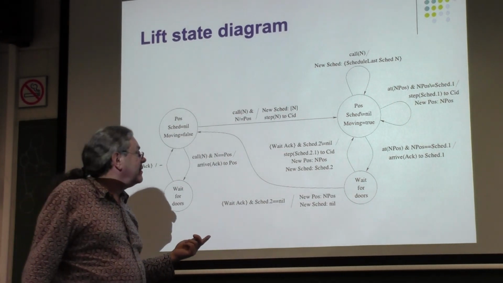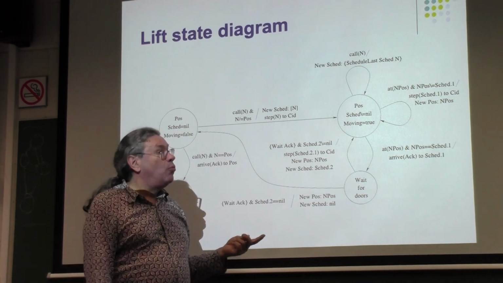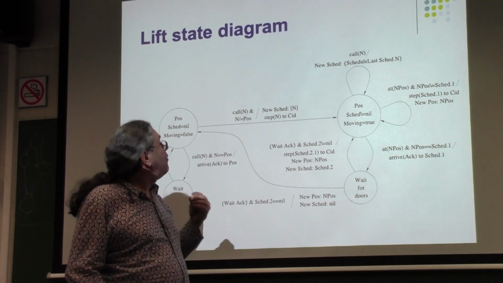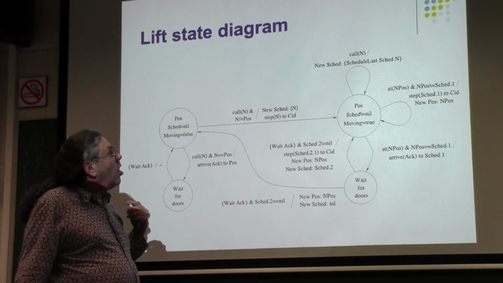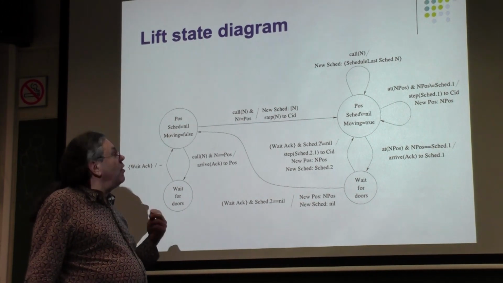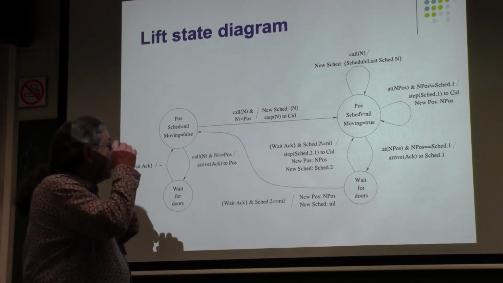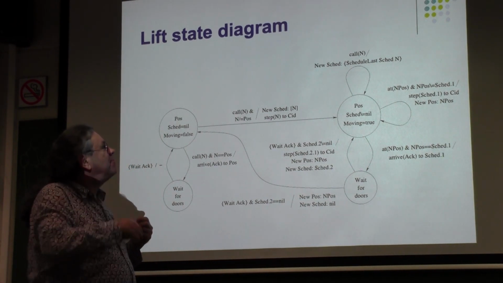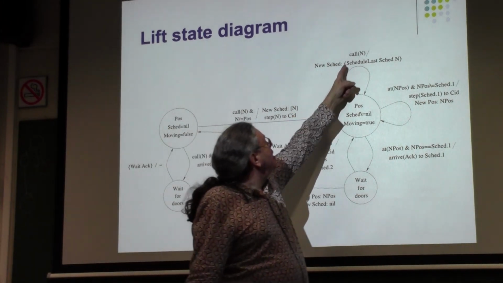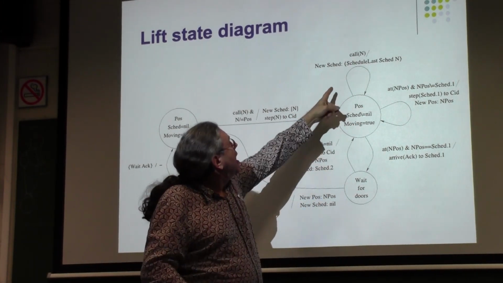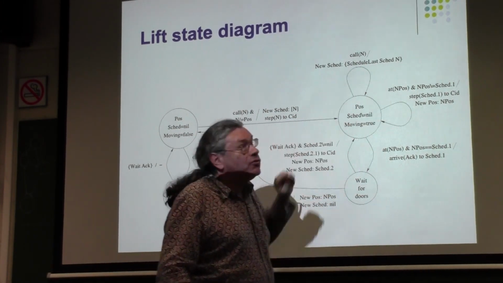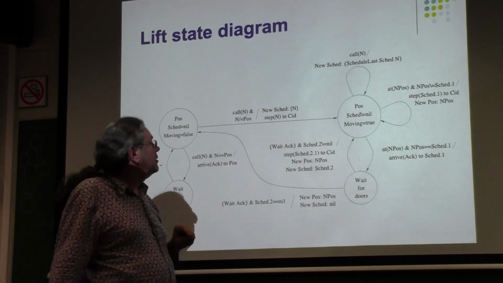See how that's working? And the way to make it work is you have to follow the principle. We have to follow all the protocols, and all the call messages have to come in at the right time. So the call n, you can have many call n's, and you add them to the schedule.